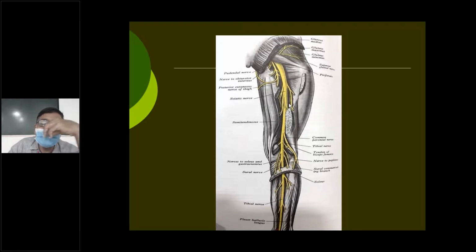In the back of the thigh, it supplies the hamstrings, and at the junction of the middle one-third and the lower one-third approximately, it terminates by dividing into the tibial nerve, which looks like a continuation right in the midline, and what inclines inferolaterally is the other terminal branch, the common peroneal nerve. Okay, that is about the sciatic nerve. You must have heard about sciatica. When it is compressed, we get the pain called sciatica.